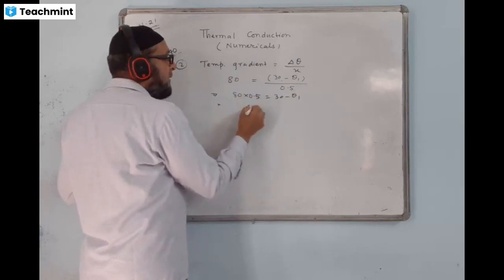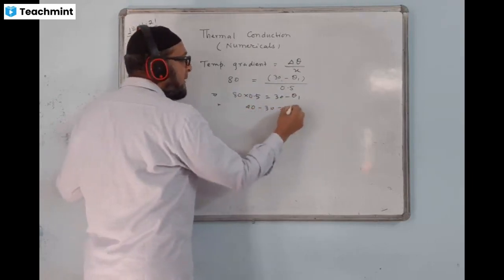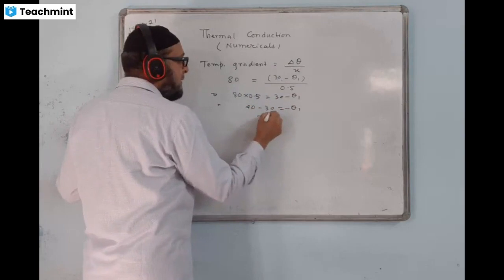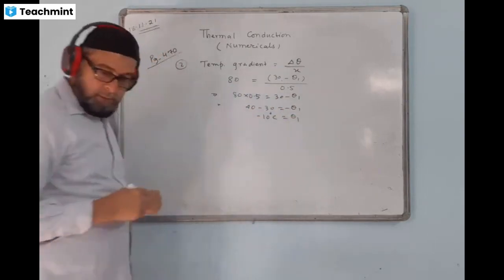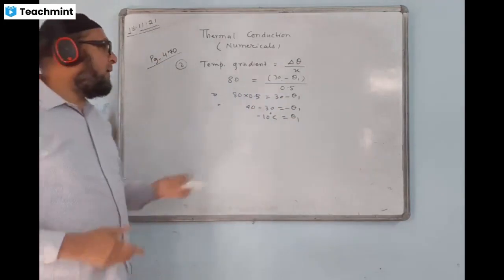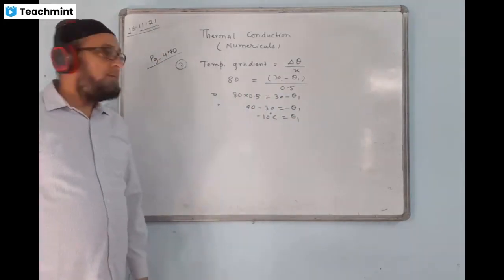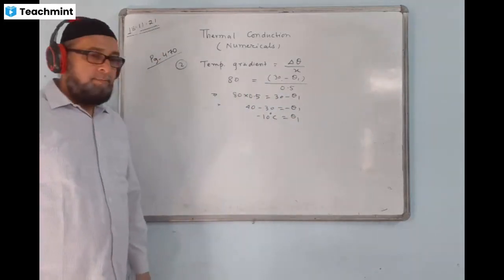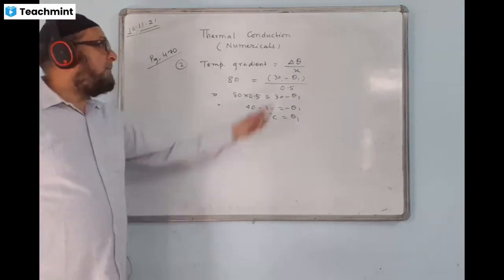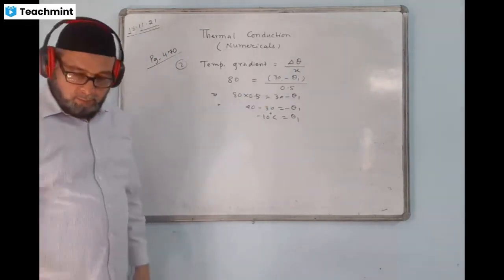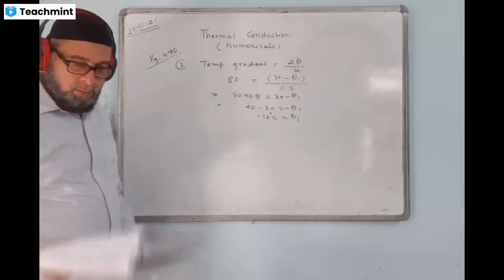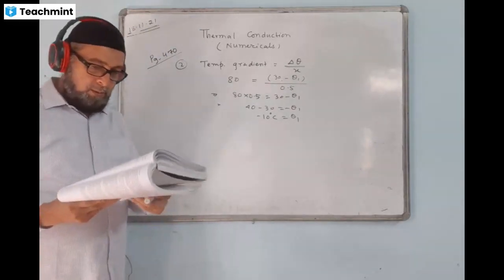Multiply this will come 40 minus 30 is equal to minus theta 1, minus 10 degrees Celsius is the value of theta 1. That's temperature of the cold end is minus 10 degrees Celsius. The difference of temperature between hot minus cold. Okay.